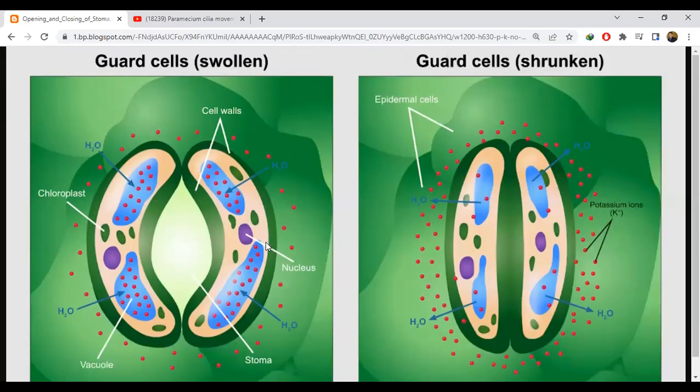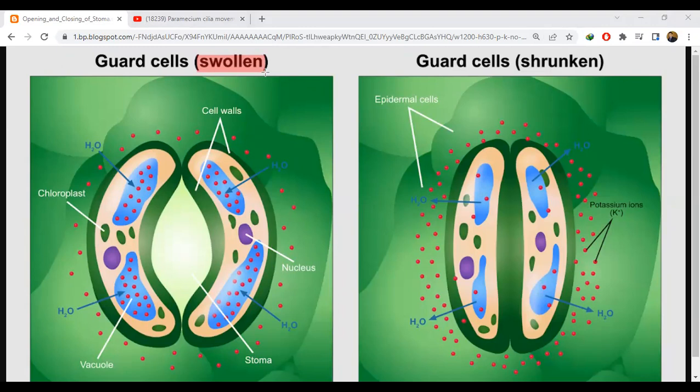Left side stomata is open. What they have marked here in the bracket, swollen, that means the guard cells are in turgid state by intaking water.